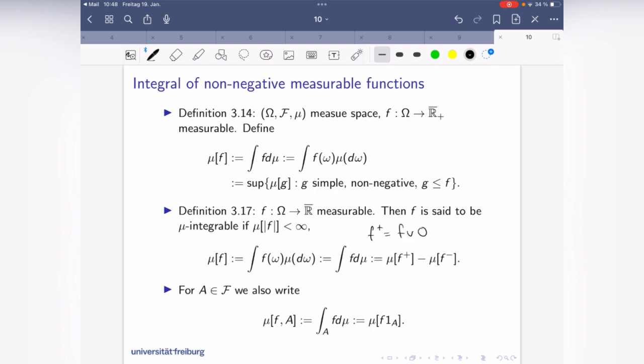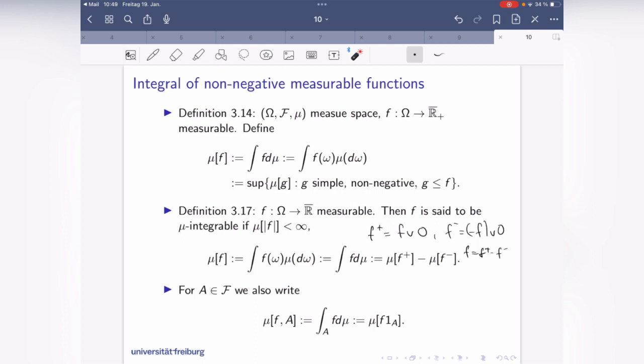So if f is negative, it's 0, and f minus is minus f maximum 0. So f equals f plus minus f minus. And since the integral should be linear, we define mu of f as mu of f plus minus mu of f minus.